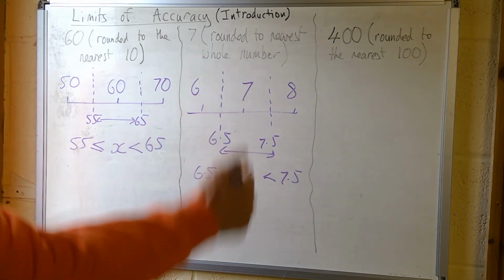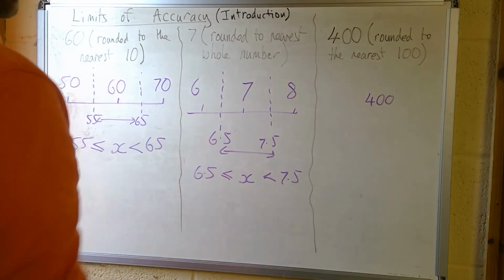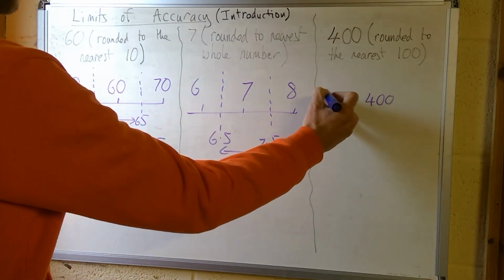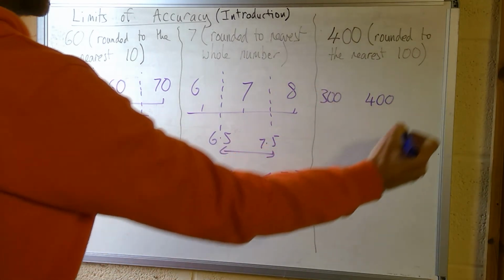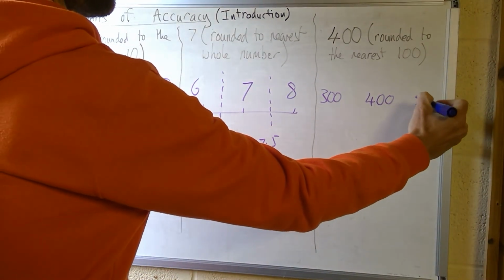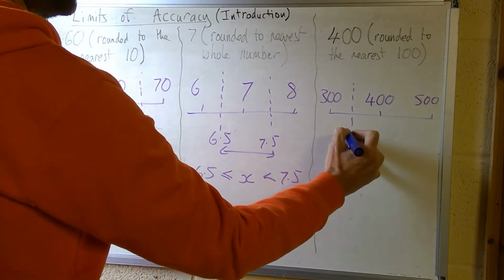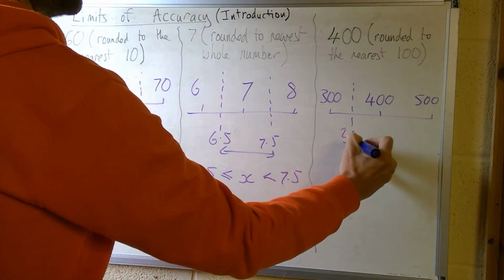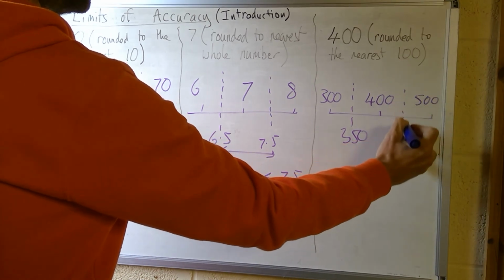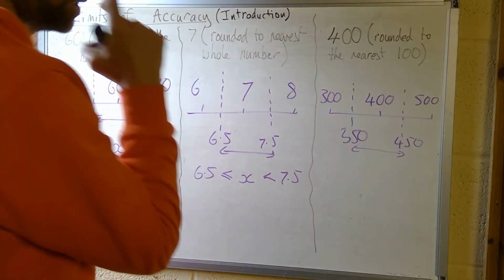So with the final one, it's been rounded to the nearest 100 and it's ended up at 400. So the previous number it could round to is 300. The next one is 500. Once again, we have this idea of a scale. 350 would be halfway between. 450 would be halfway between.